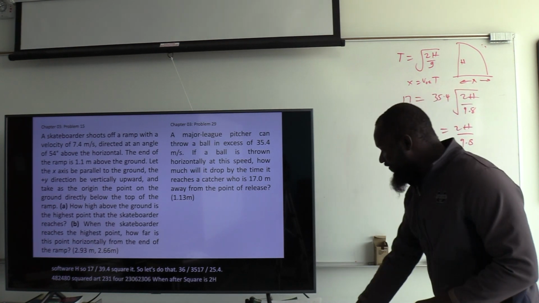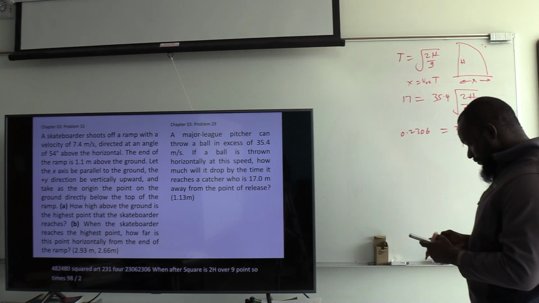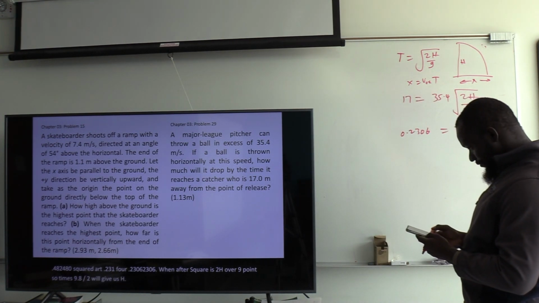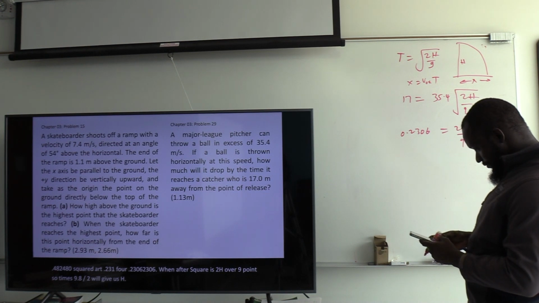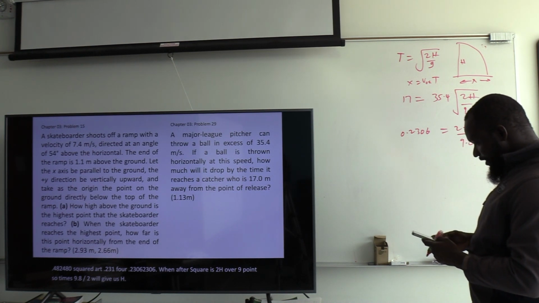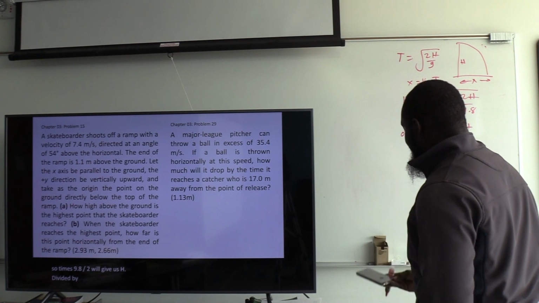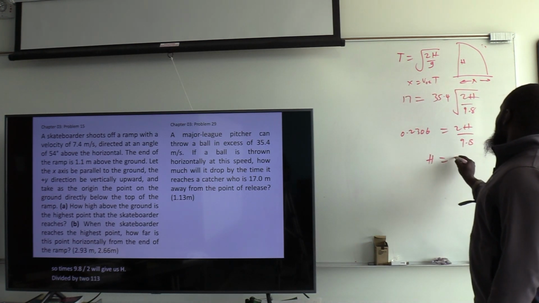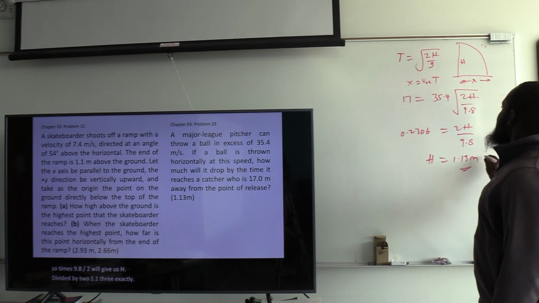So times 9.8 divided by 2 will give us h. 1.13 meters, and that solves it.